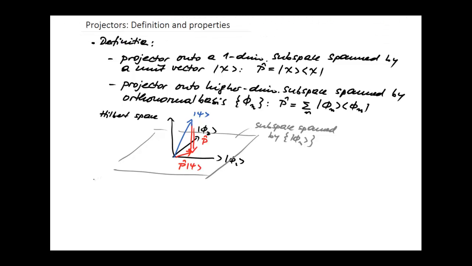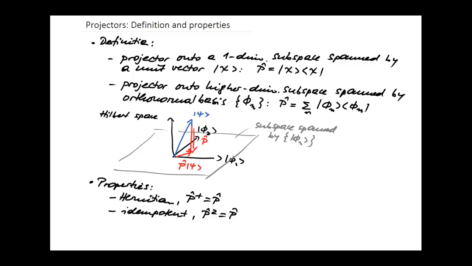The projectors that I introduced above have a number of useful properties. They are Hermitian, they are idempotent in the sense that when I apply the projector a second time, then nothing happens. That's in a way the defining property of a projector.